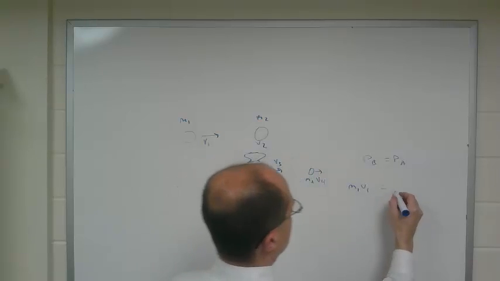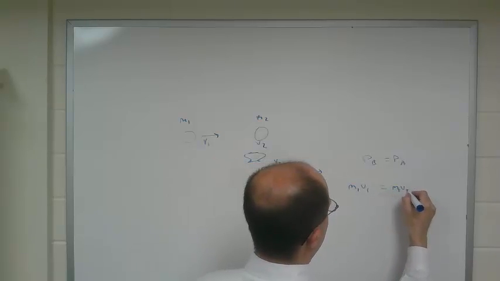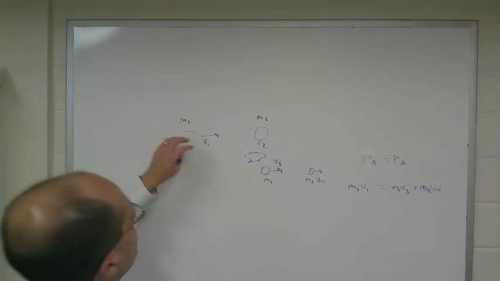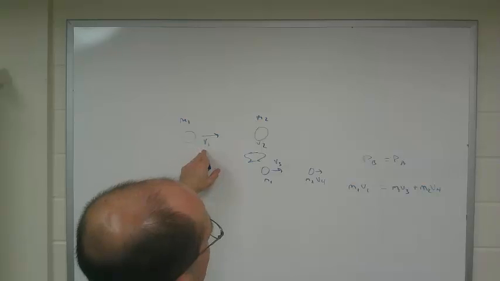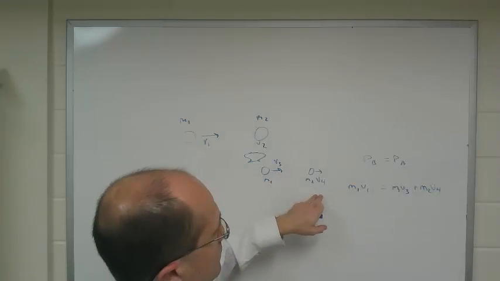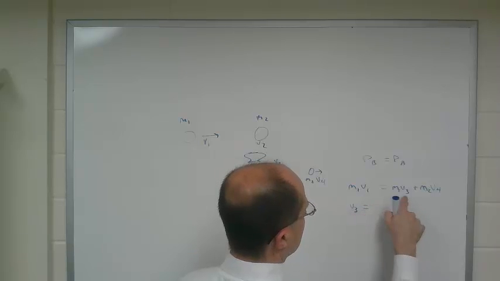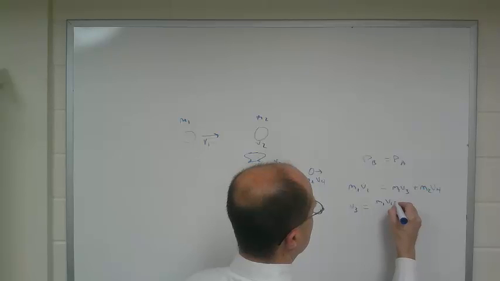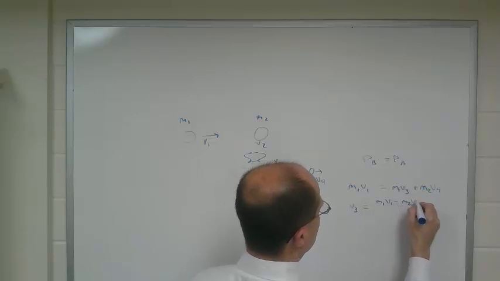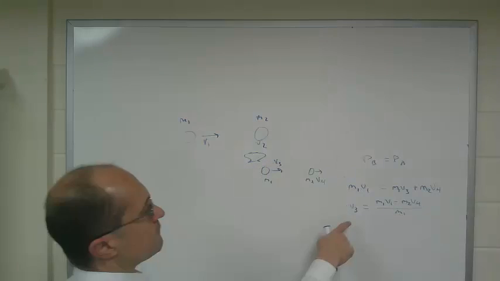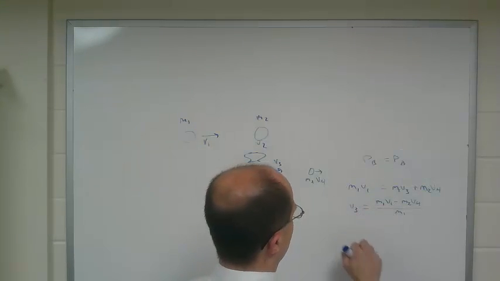Well, that equals M1 V3 plus M2 V4. In this case, we would know M1 and V1, but we don't know V3 and V4. And what we can do is solve for V3, because V3 would be M1 V1 minus M2 V4, all over M1. V3 in terms of some other stuff.